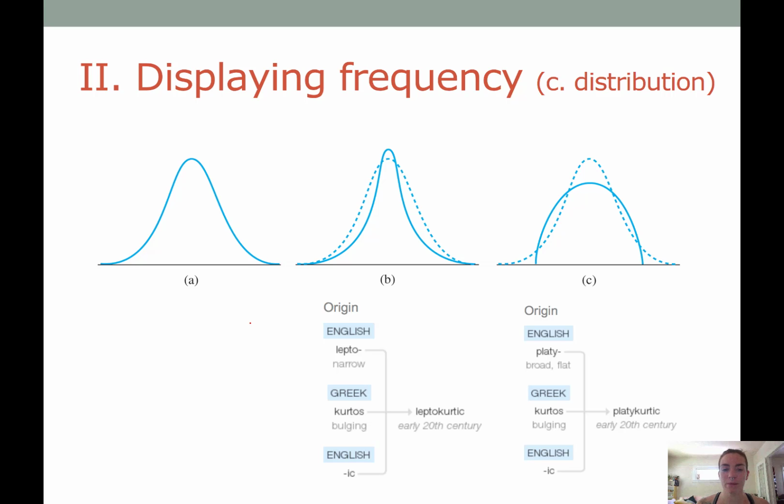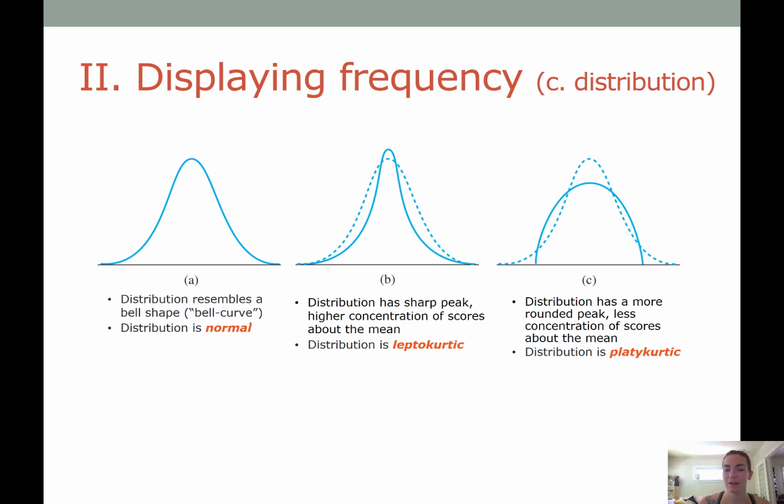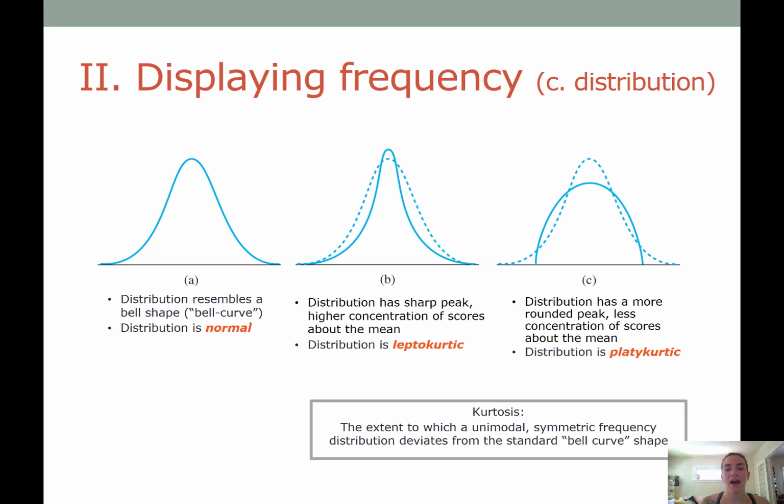Here's just some terminology and background for those terms. If you're a word person, this might help you remember. And just a more general term for you to know is that both of these distributions are what we call kurtotic, or they both have kurtosis. So whether they're leptokurtic or platykurtic, both are kurtotic distributions.